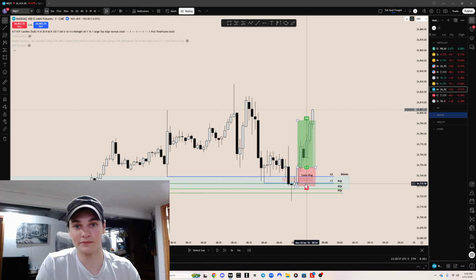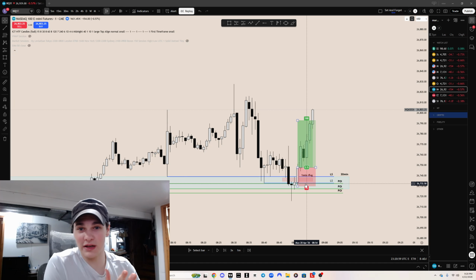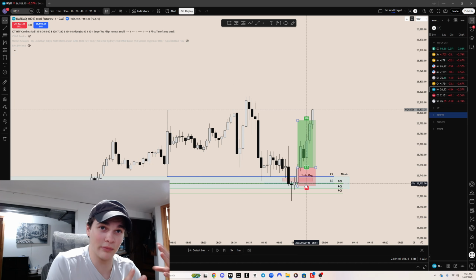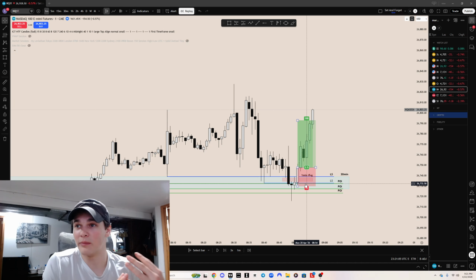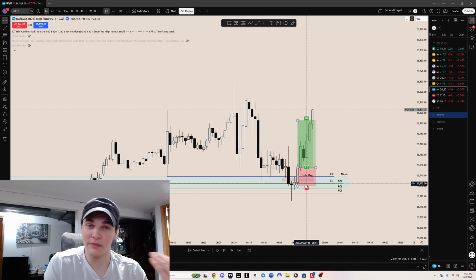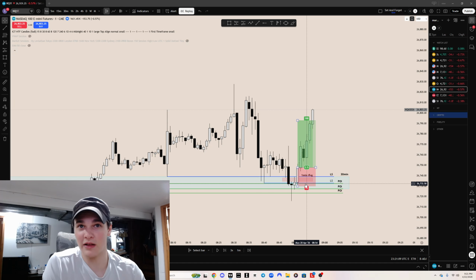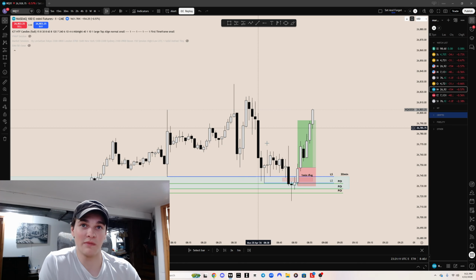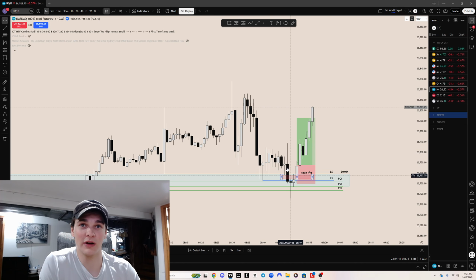And then that's the thing. If you're looking to buy and sell and all that, you have to wait for price to break back above if you're buying and back below if you're selling. So these candles made their way down to here, tapped into our levels, and broke back above all of them.